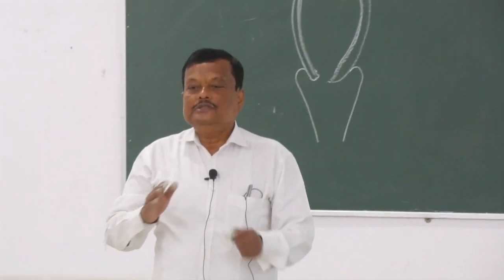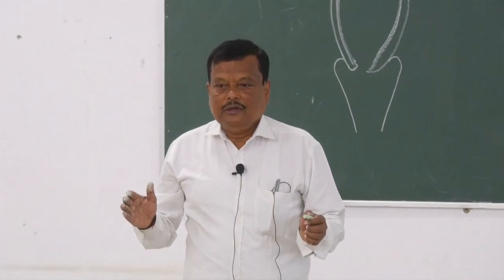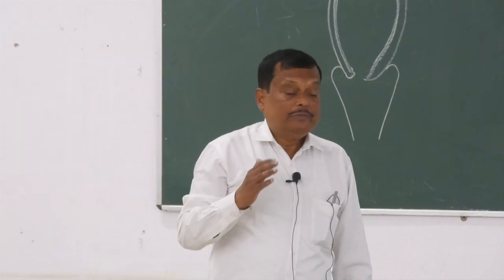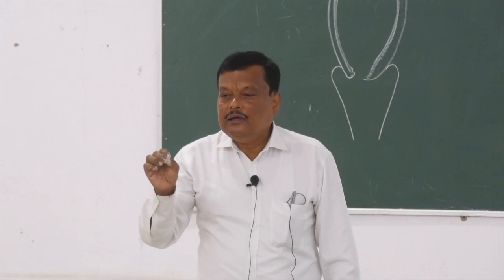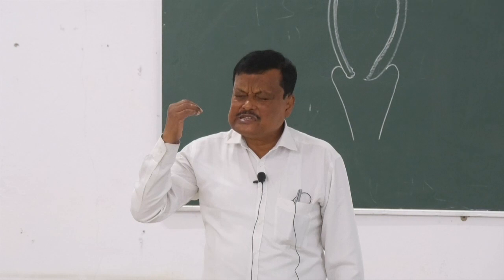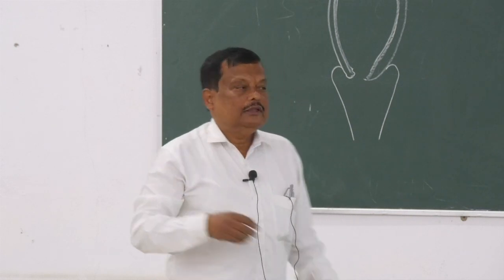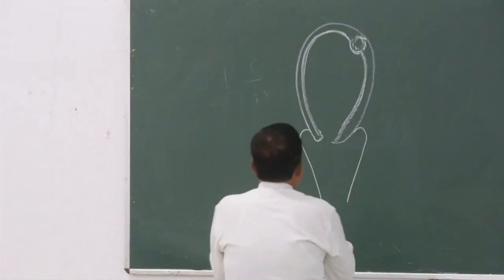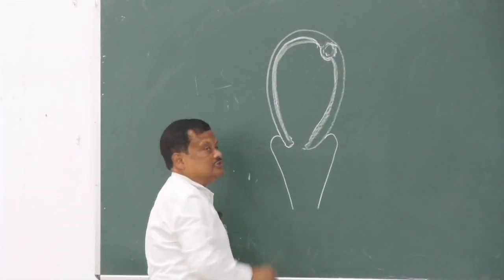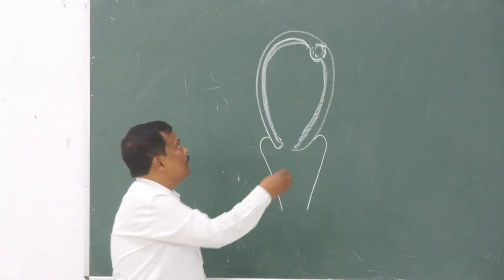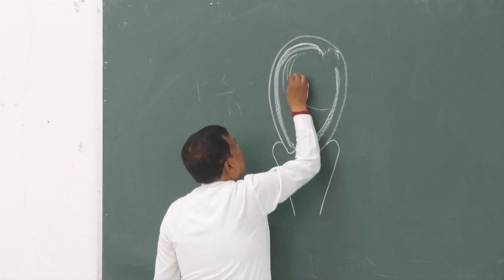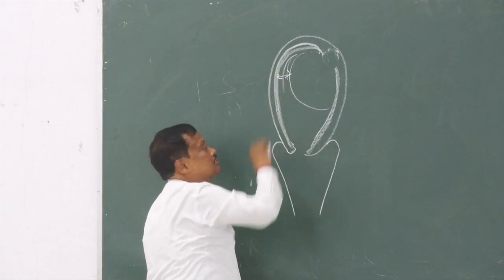Because the changes are more in the decidua basalis, a small amount in the decidua capsularis, and slight, negligible in the rest of the decidua, which is called decidua parietalis. Ultimately, when the fetus grows, the decidua capsularis joins the decidua parietalis.